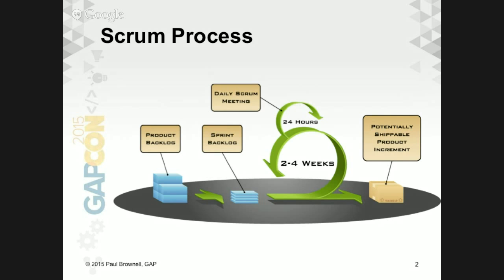And then the bigger cycle, which is the sprint or the iteration for the release. What we're going to be talking about are the pieces to the left, the product backlog that turns into sprint backlog that eventually turns into the wheel, comes out as a potentially shippable piece of software.